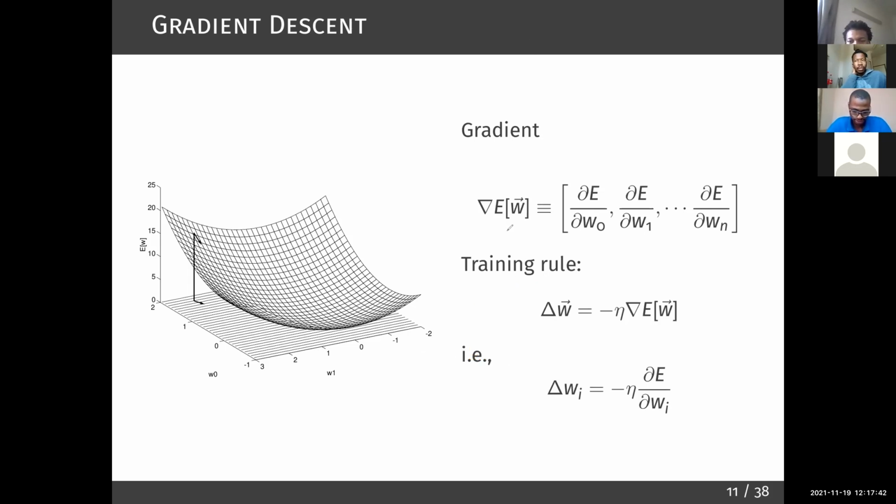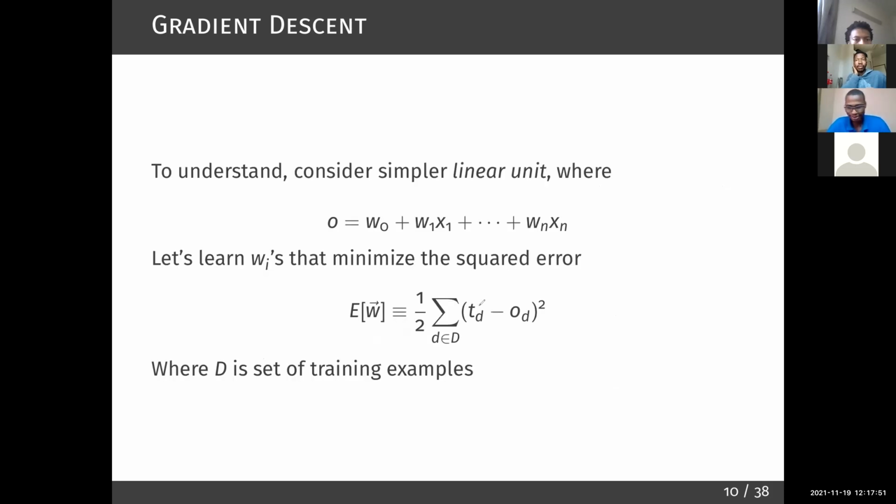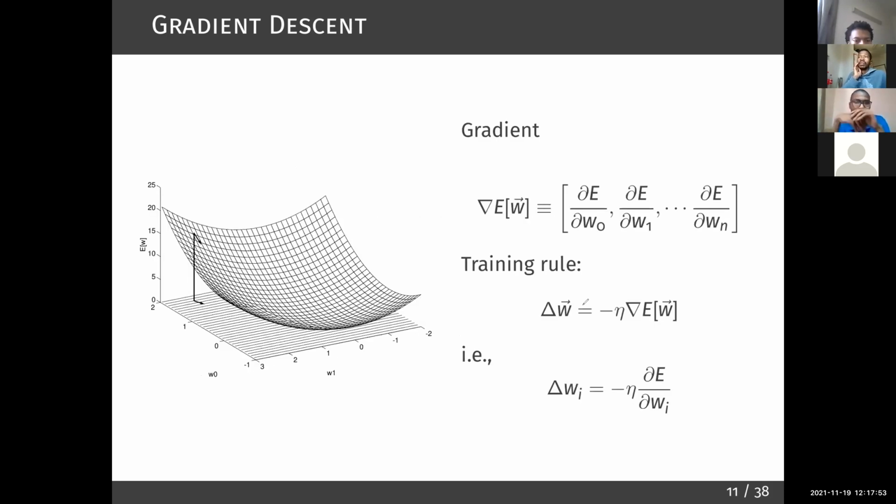The gradient of the error is the partial of E with respect to W0, the partial of E with respect to W1, and so on. E is 1/2 of the sum of T minus O squared.